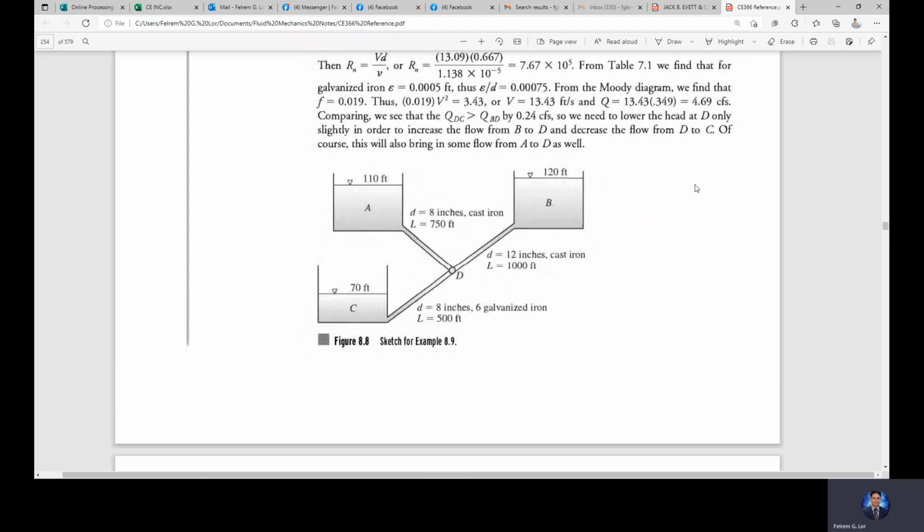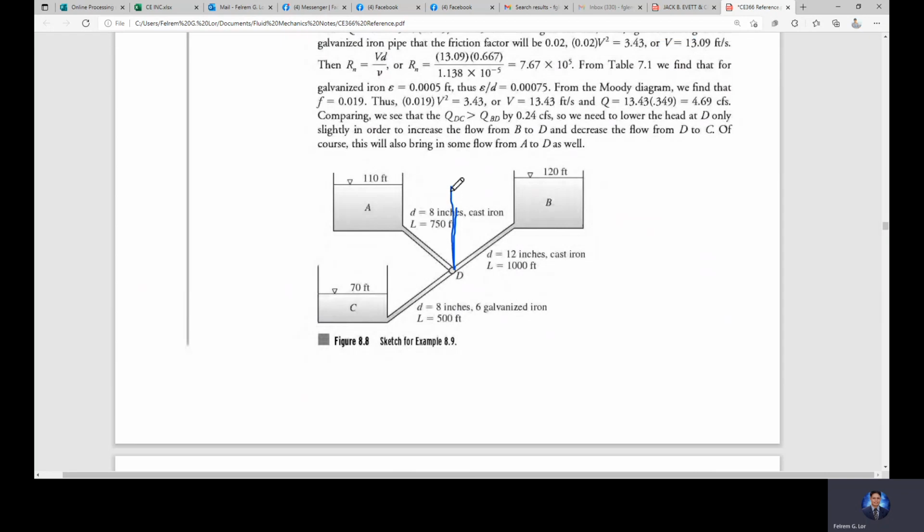We can do that by assuming a certain water elevation at D, the pressure head or the equivalent height of water at D. In that case, water from A to D will not flow.